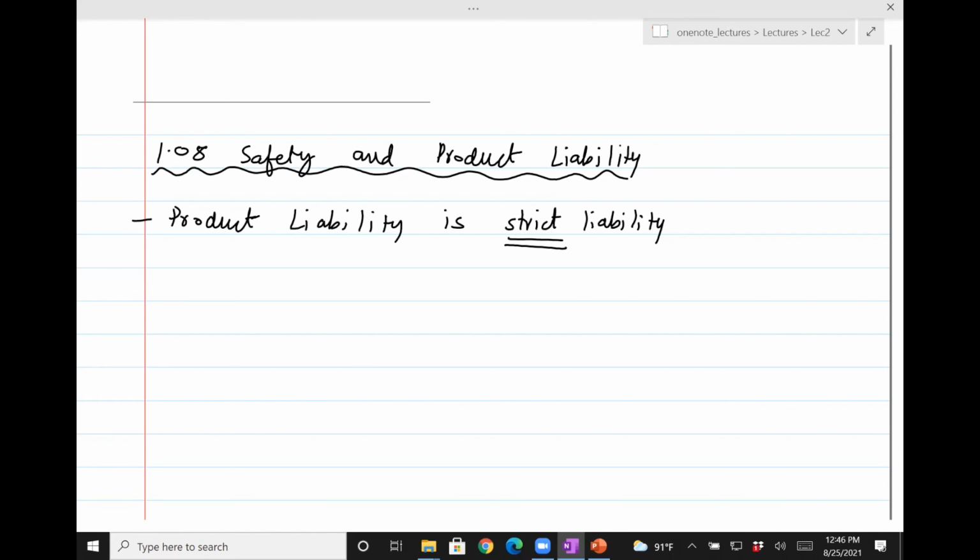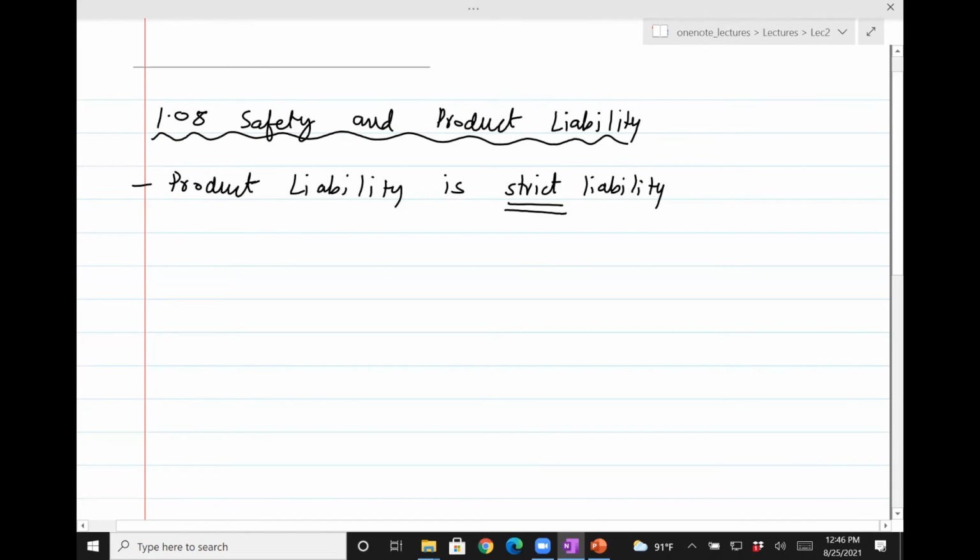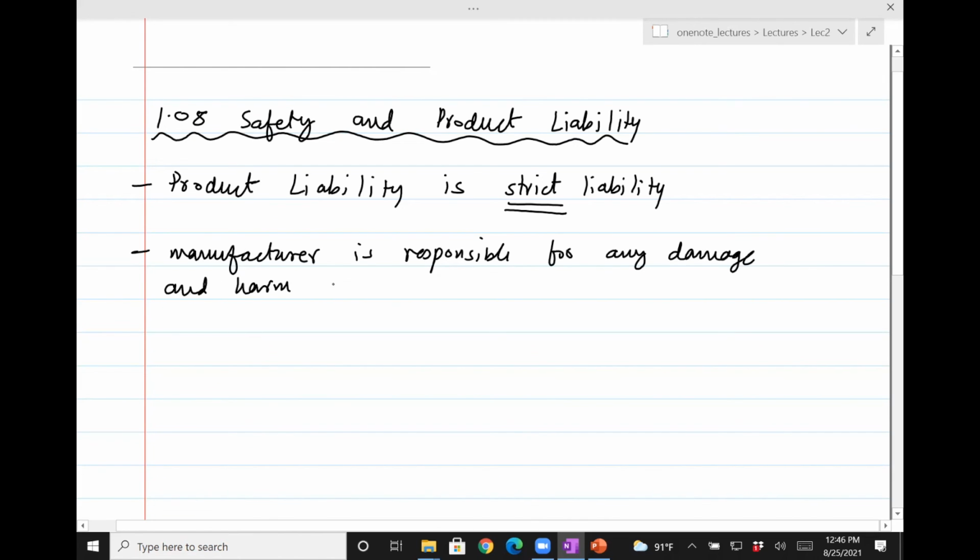So there are 3 things. Before I talk about how the liability works, the manufacturer in this case is responsible for any damage and harm from a defective product.